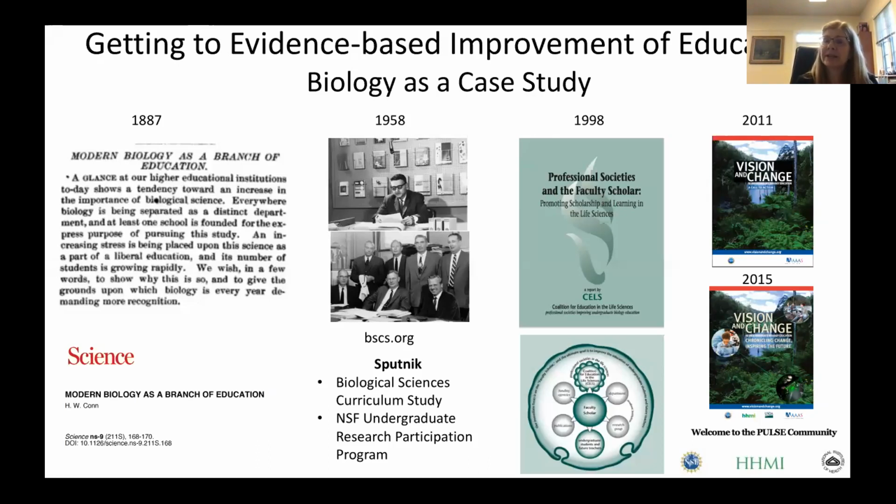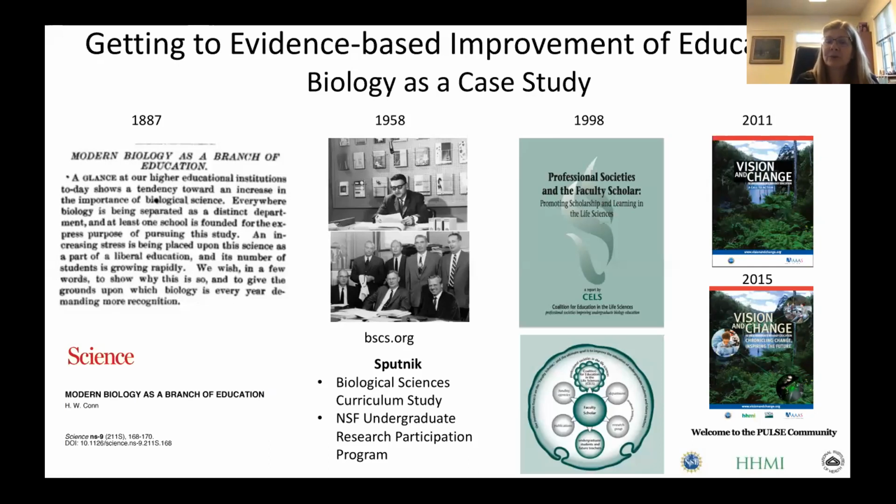The post-Sputnik era really stimulated a lot of interest in improving education, but not necessarily understanding and doing the research on what is leading to that improvement. So the biological sciences curriculum study, which exists today and literally changed the way we teach biology as a more inquiry-driven field of study, started then.